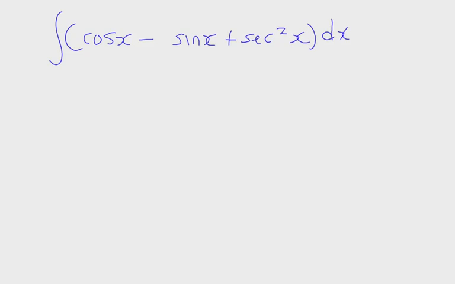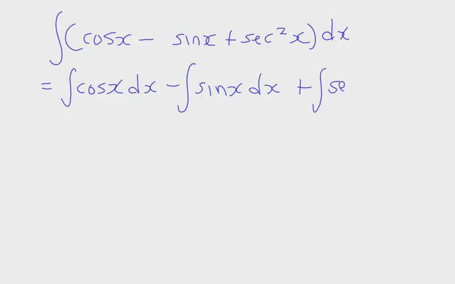So we just apply the integral: the integral of cos x dx, and when you apply the integral, you also put the dx, then minus the integral of sin x dx plus the integral of sec squared x dx.